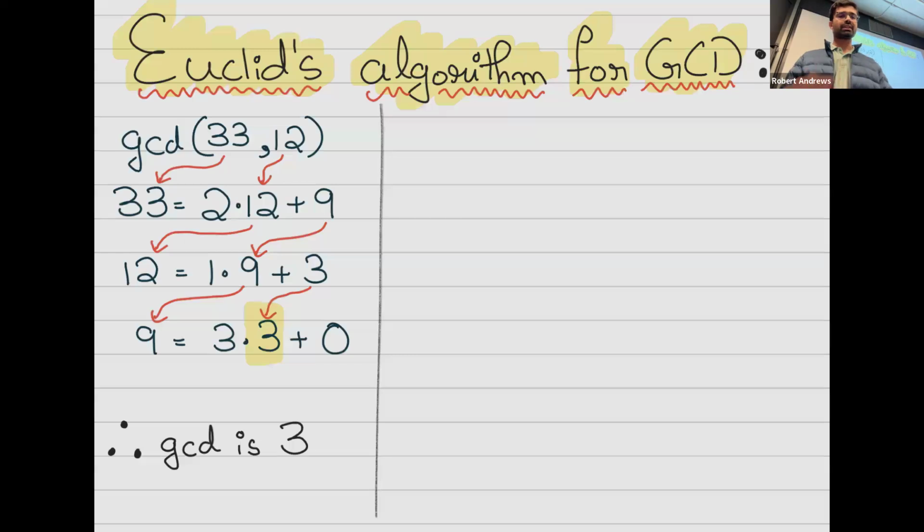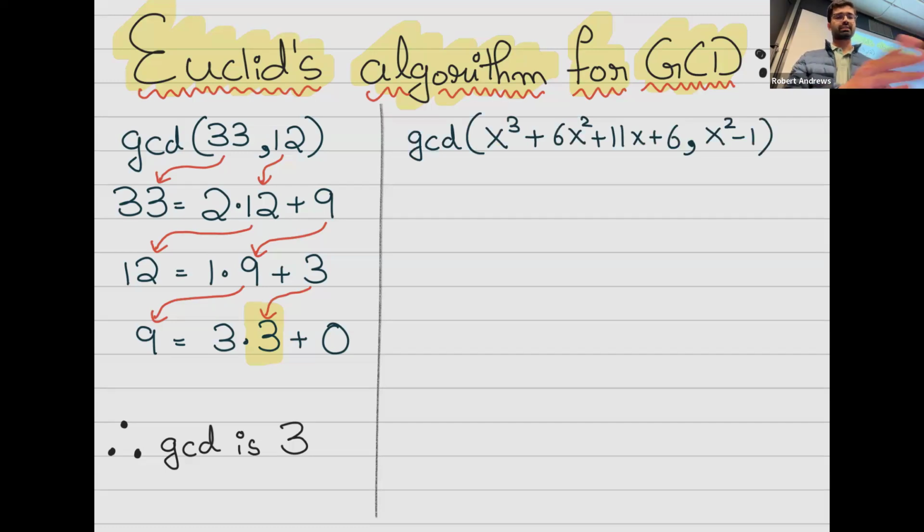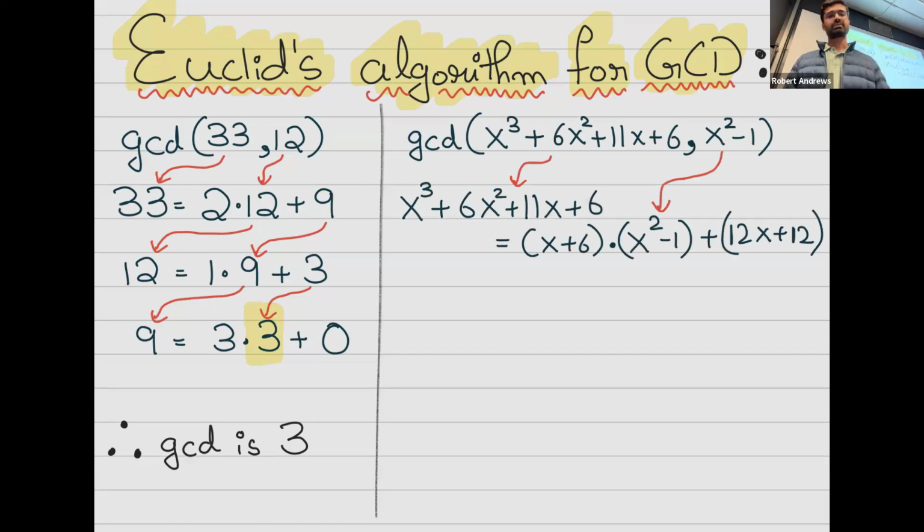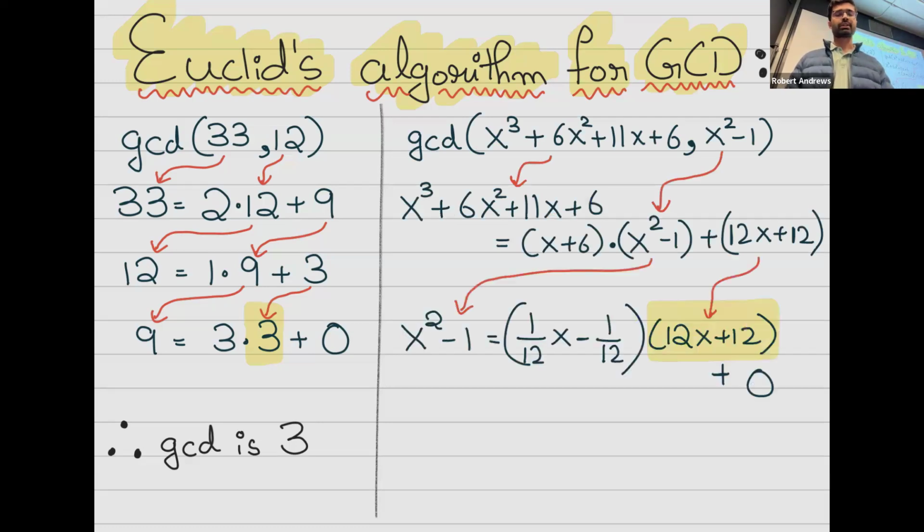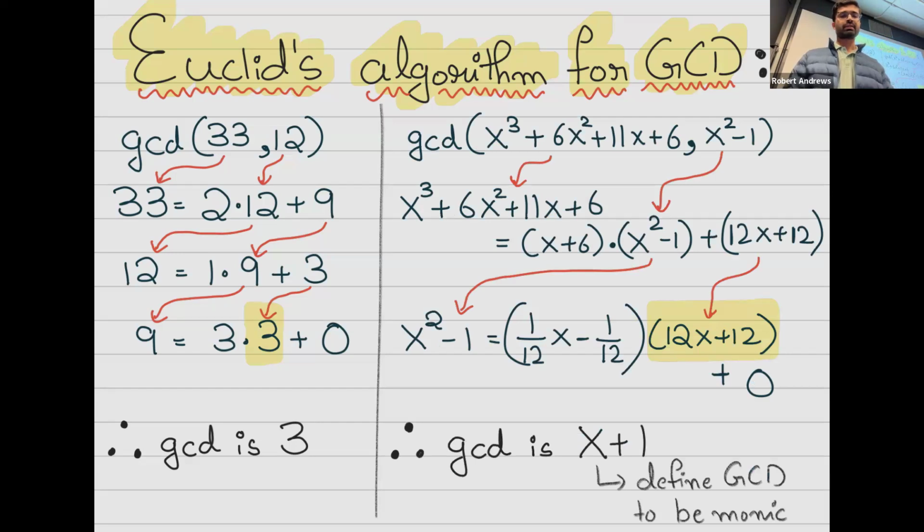The same algorithm works also over polynomials. We have the division algorithm for polynomial division with remainder, so we keep applying it until we see a zero remainder. The last divisor we see is the GCD, and I define it to be monic.